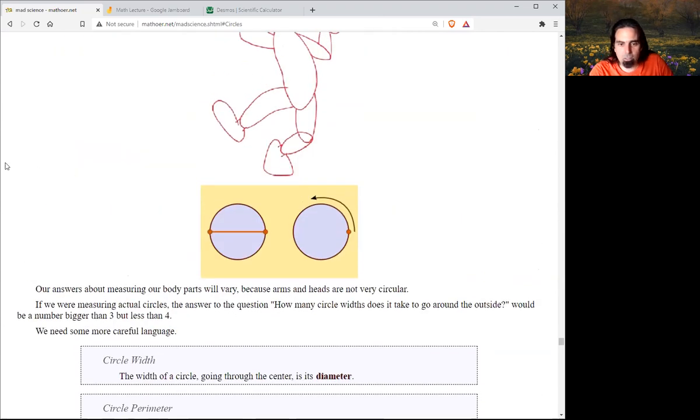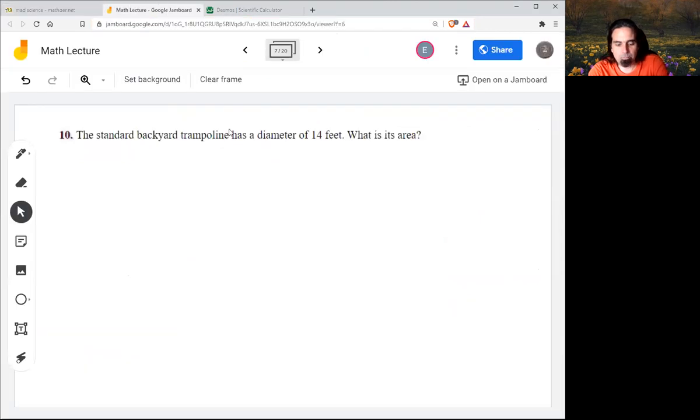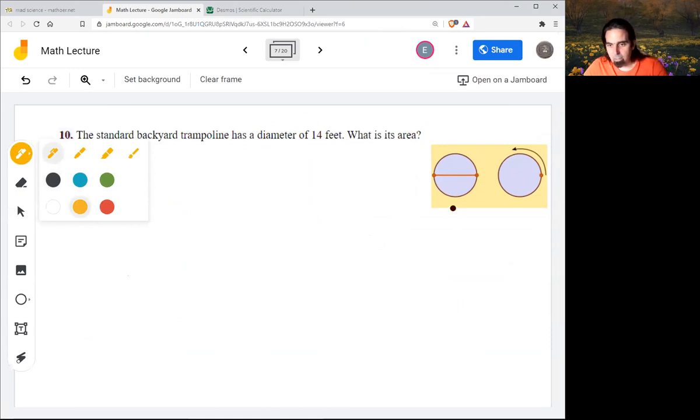So let me put that on our Jamboard. That's not what we need quite yet, though. So we have that this distance is called the diameter.